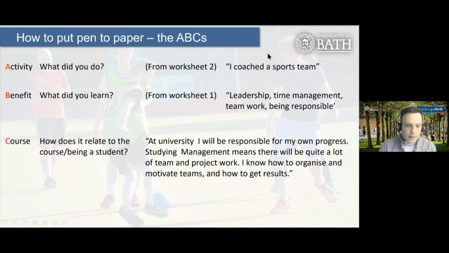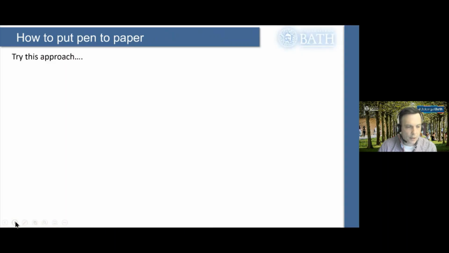Worksheet 2 is the experience that you've had, worksheet 1 being the facts that you've picked from doing your research. So this way you really know that you're honing in on exactly the things that we're looking for in a student. I'm going to give you just another example of this.